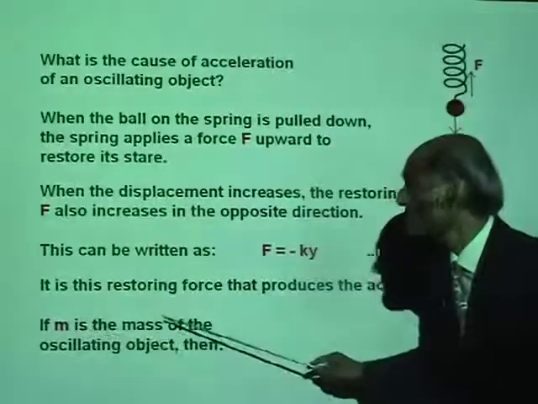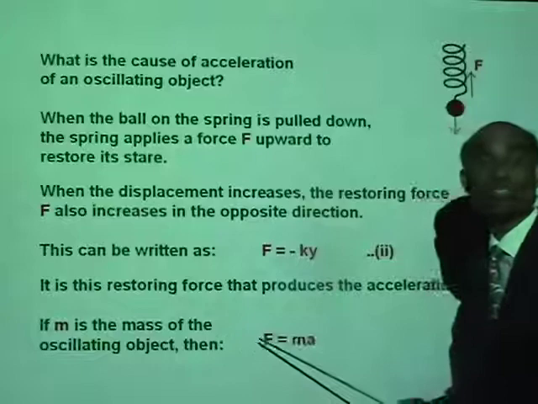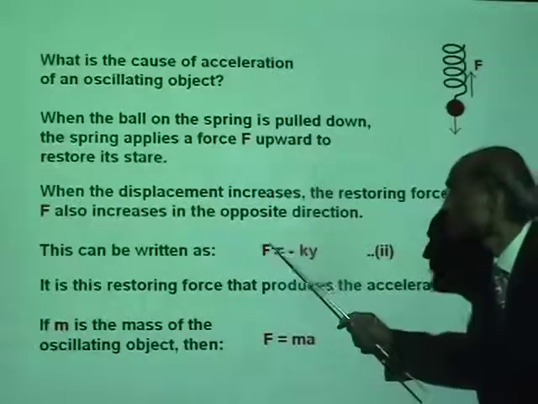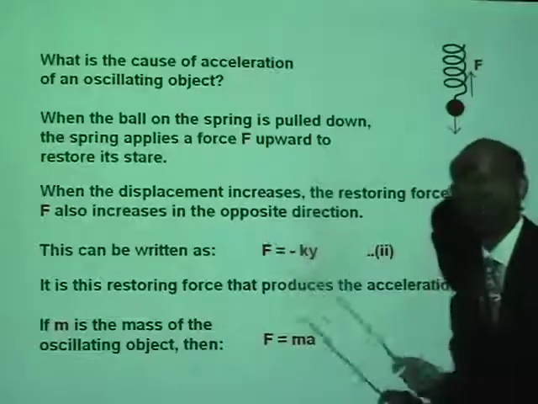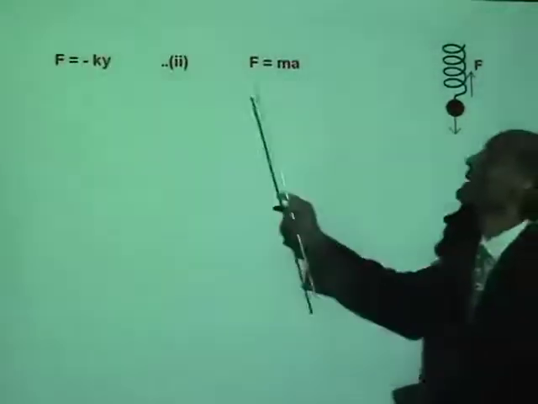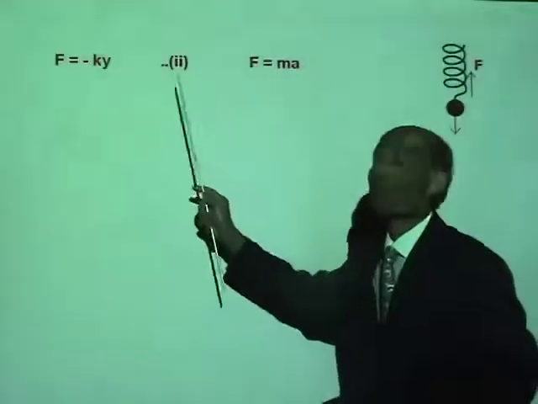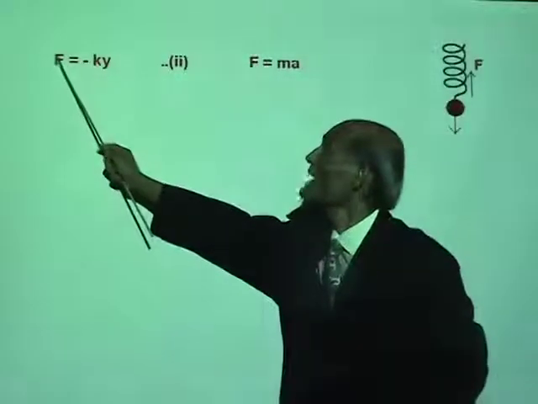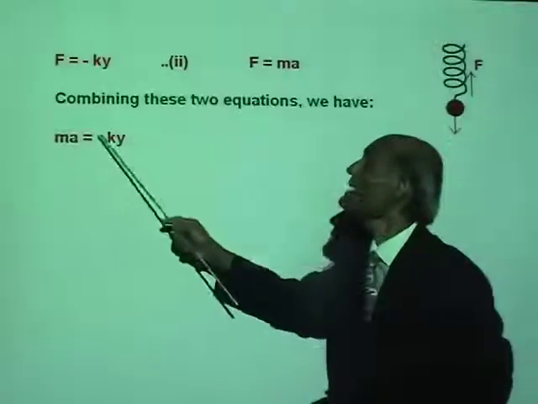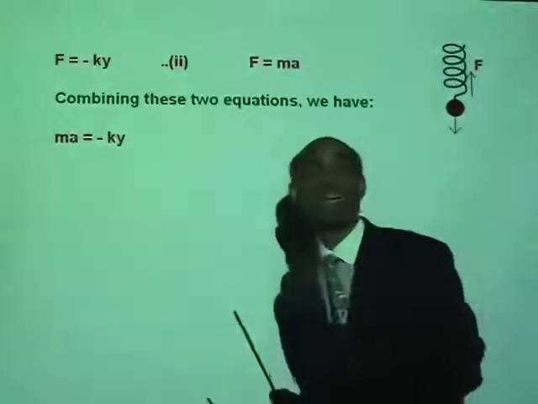So if m is the mass of the oscillating object, then F equals ma. So I can replace this F by ma, and what does the equation now become? We have ma equal to negative ky.